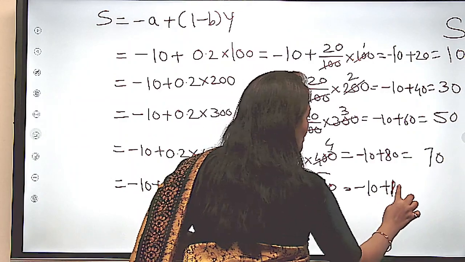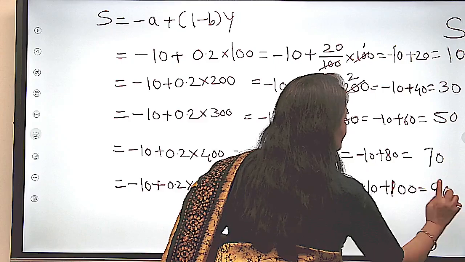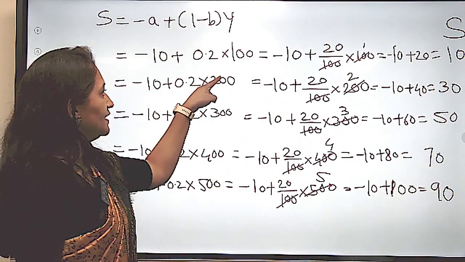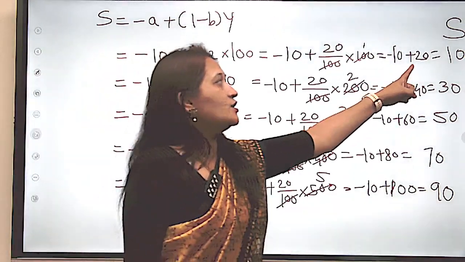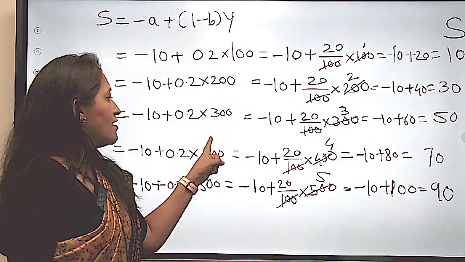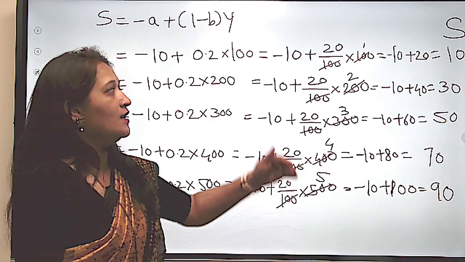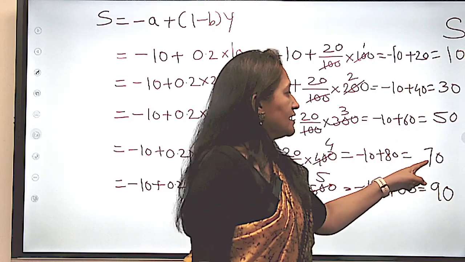So plus 100 minus 10, you get the answer 90. So what we observe here is, as the income of the country increases, savings are also increasing. Income is rising from 100 to 200, 300, 400 by 100 each time, whereas savings are rising from 10, 30, 50, 70, 90.